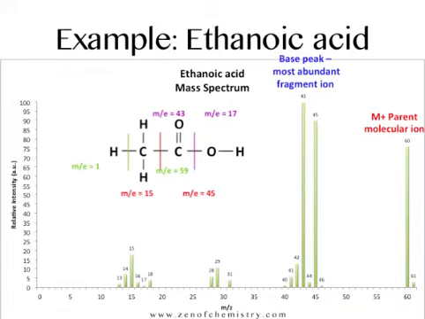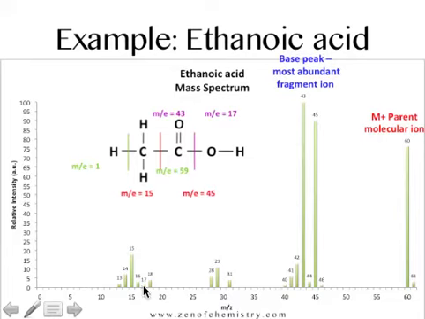So just to point out some of these fragments, we've got our 45, which is our red one here. We've got our 15 down here, which is the other half of that 45. We've got a 43, which is this half here. But we don't have a 17.